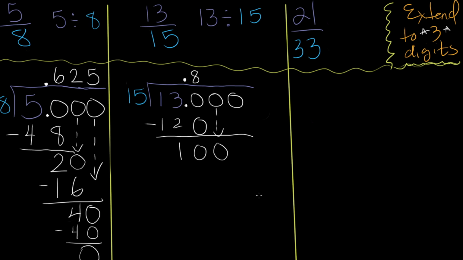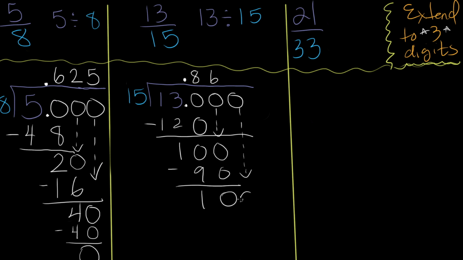How many times can 15 go into 100? Well, let's see. Let's do 15 times 6 again. Looks like it's going to be 6 times. Okay, 6 times 15, that's 90. Oh, we have another 10, so let's bring down another 0.